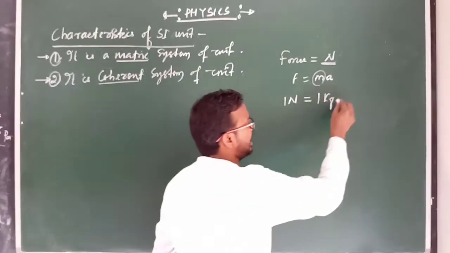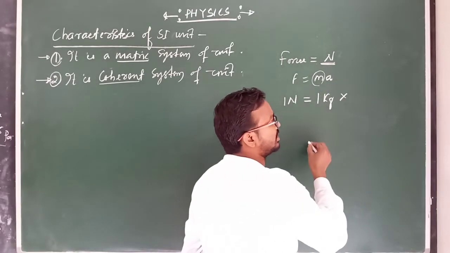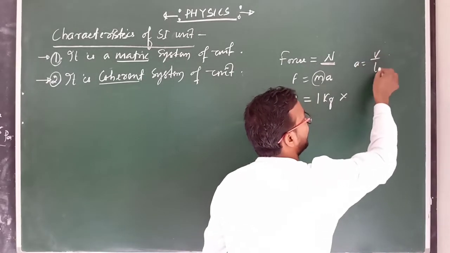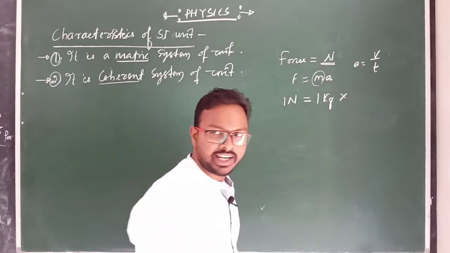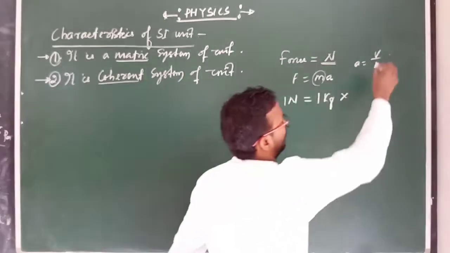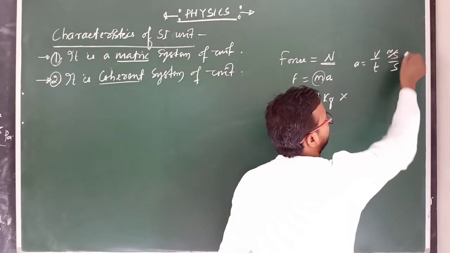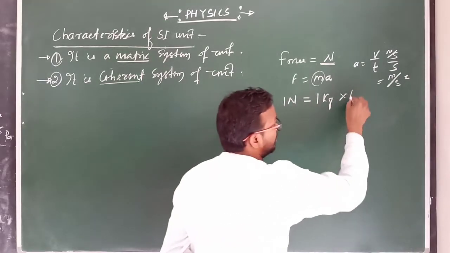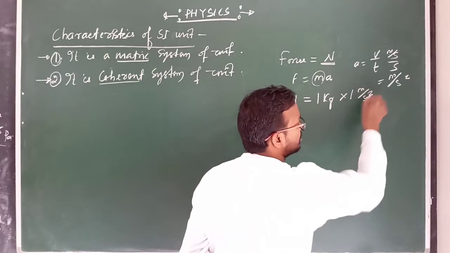So you can write 1 kg into acceleration, and you already know acceleration is velocity upon time, and the unit of velocity is meter per second divided by second, which is meter per second square. So you have to write here 1 meter per second square.